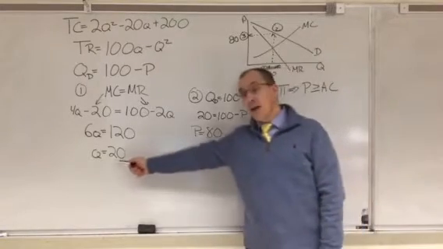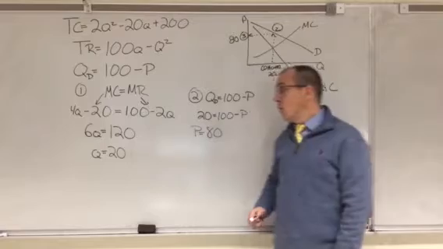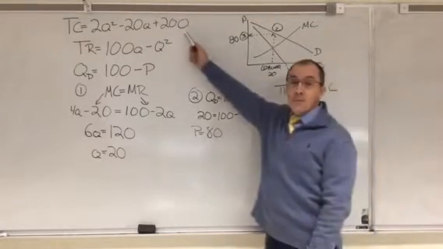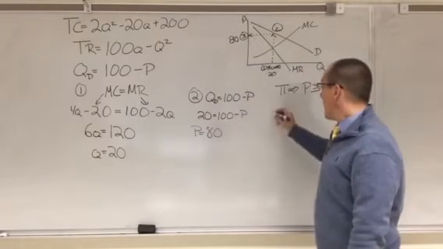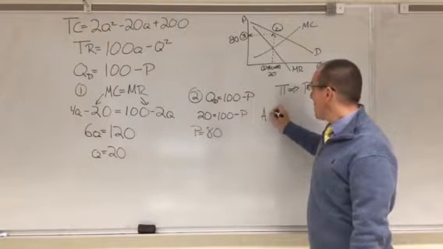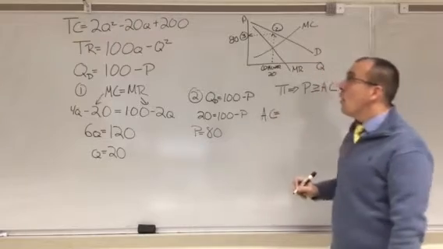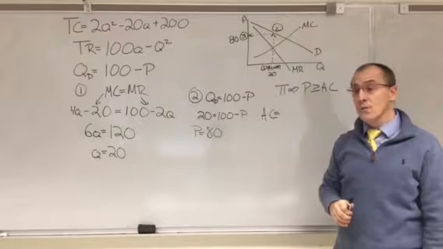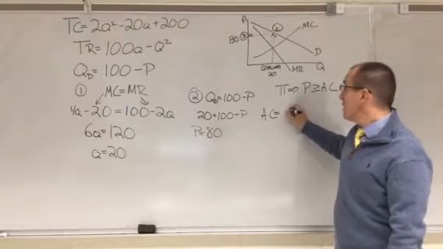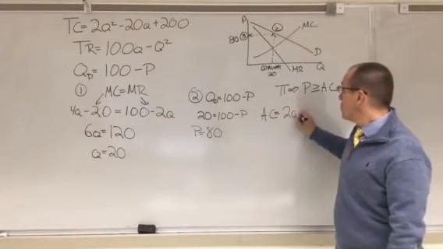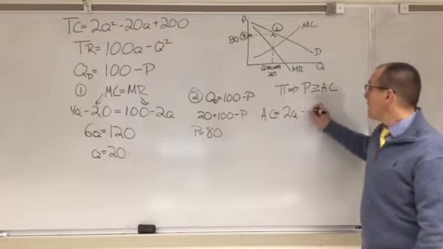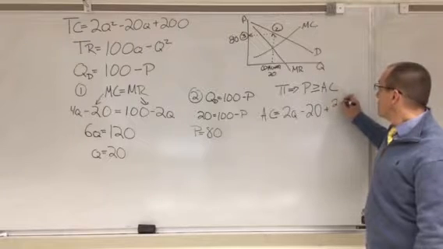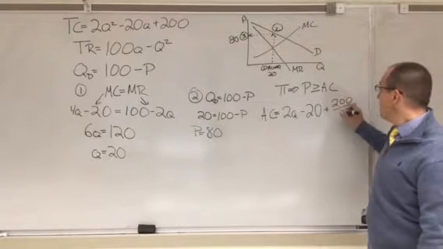I need to find my average cost at Q equals 20. I have my total cost equation, and to find my average cost, it's just an algebraic equation at this point. All I need to do is divide each piece of my total cost equation by Q. So this will become 2Q minus 20 plus 200 over Q.